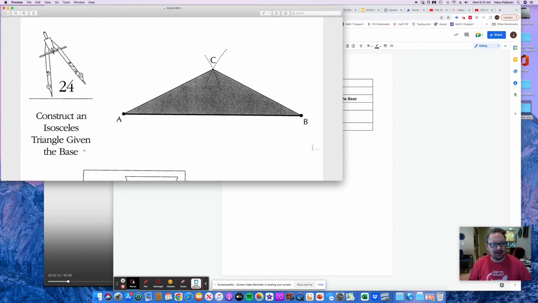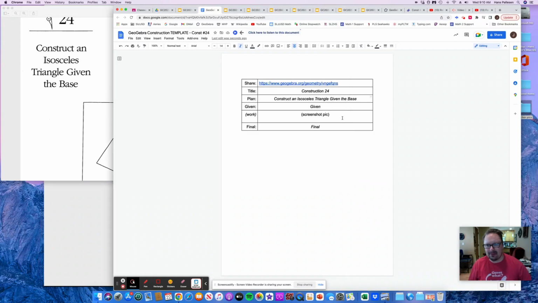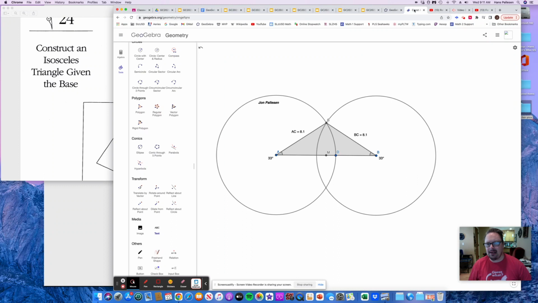And our given is segment AB, the base. And we need a screenshot.